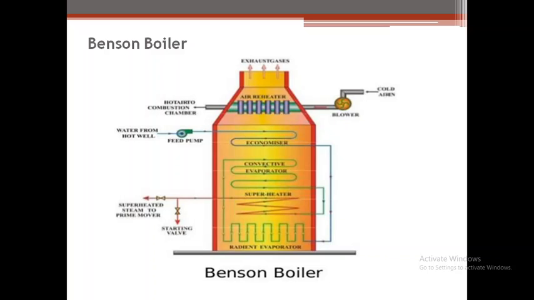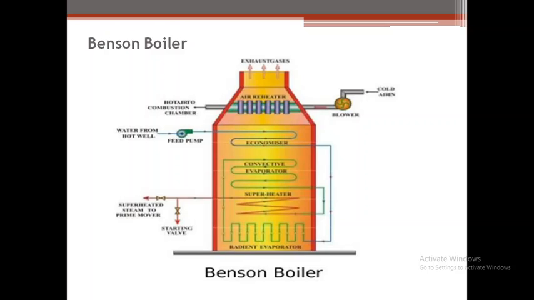If you see the construction, the radiant evaporator, superheater, convective evaporator, economizer, they all are arranged in the path of the flue gases, above the air filter. Now let us see the working of this Benson boiler.